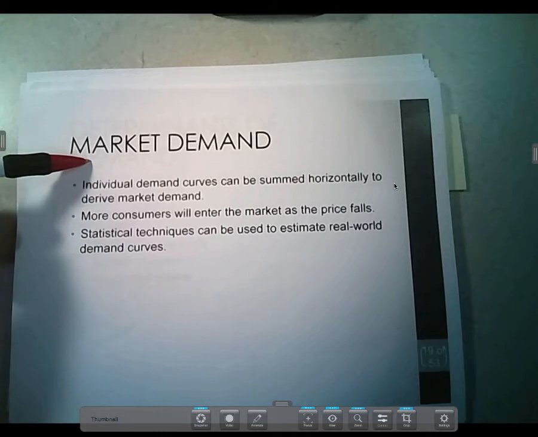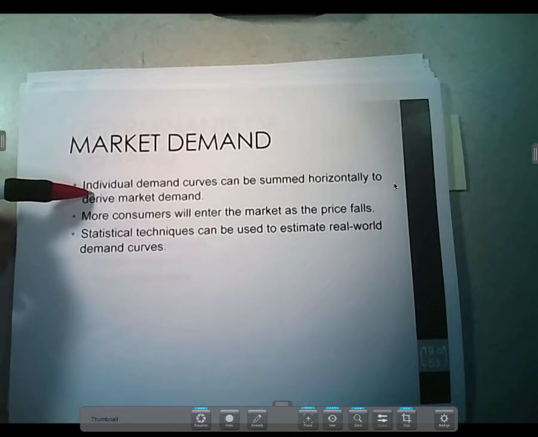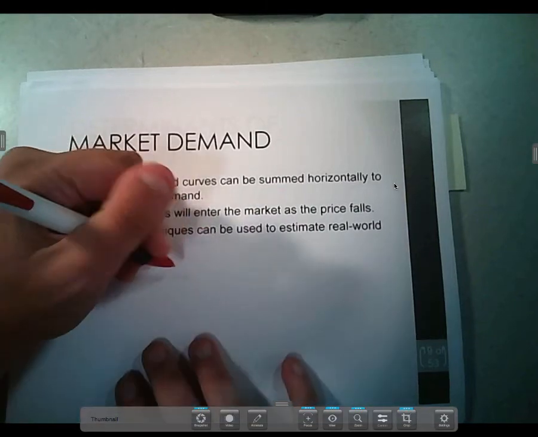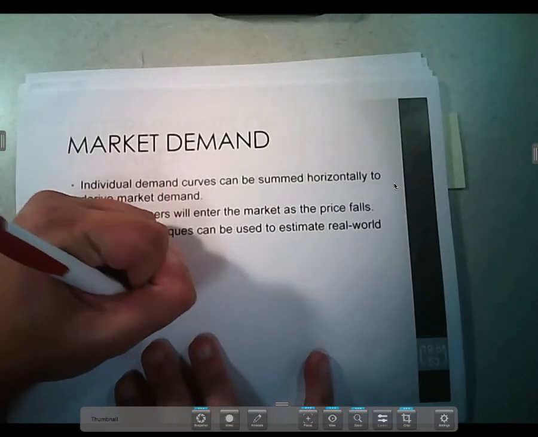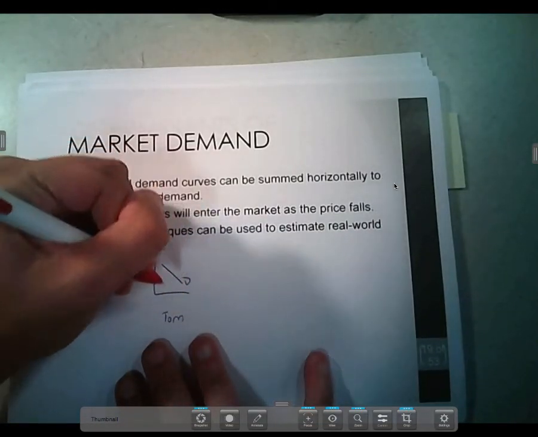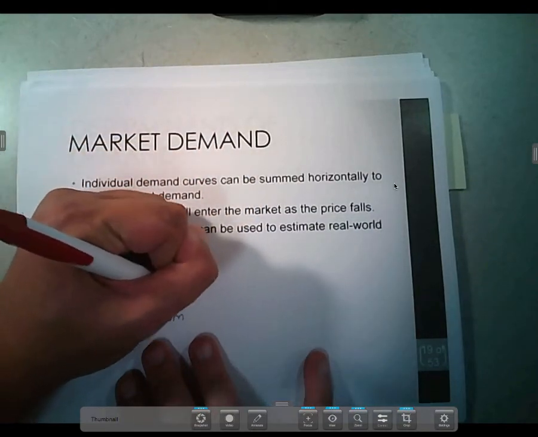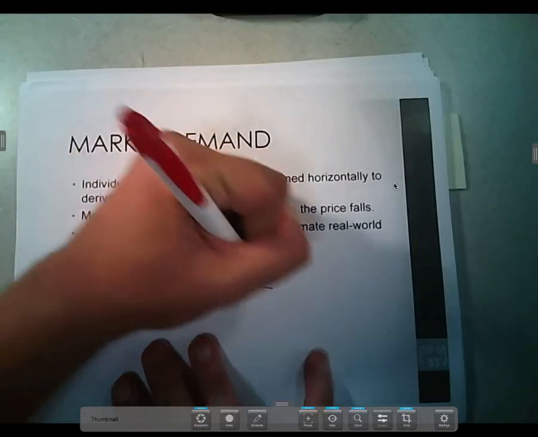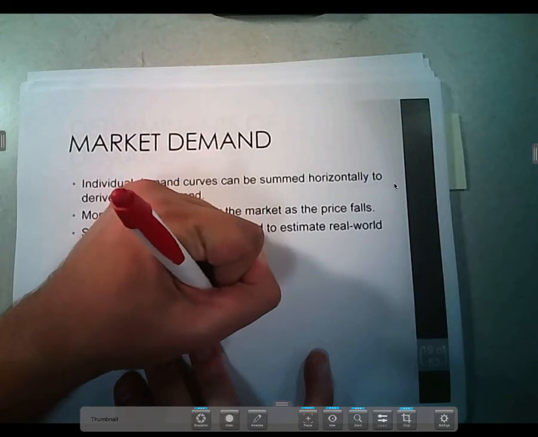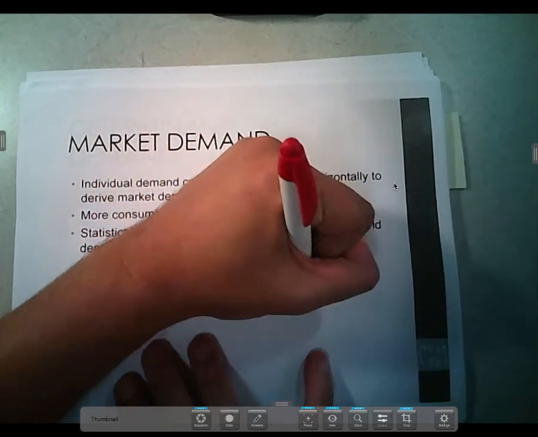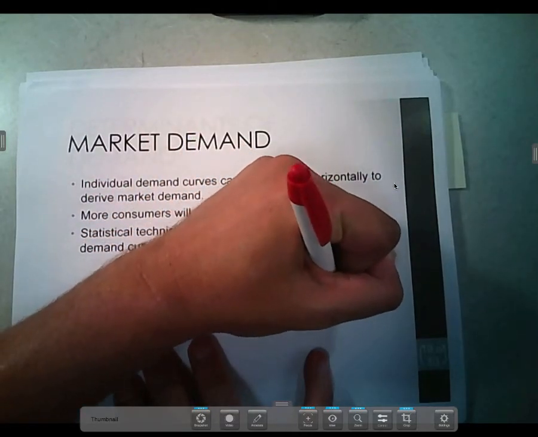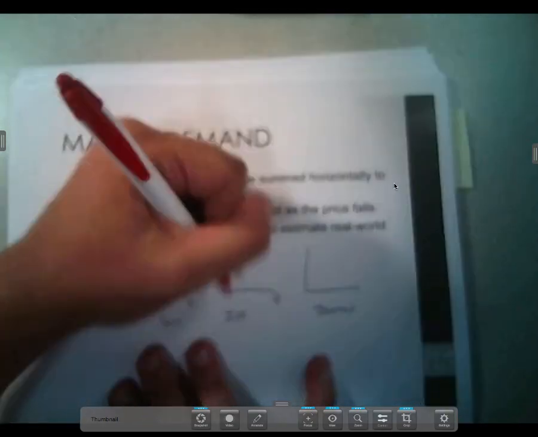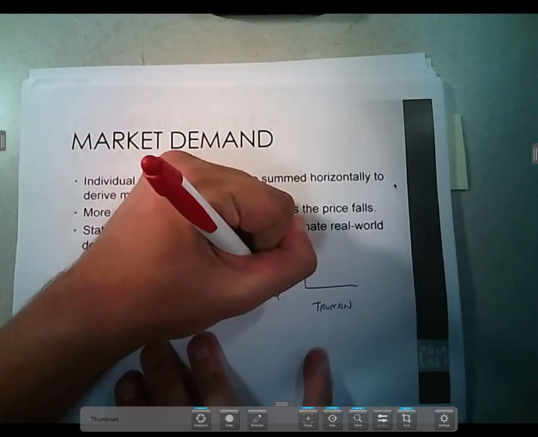And what that market demand curve does is sum up all the individual demand curves. So for me, here's my demand curve. Jeff, I came up with the name, is my friend from college.